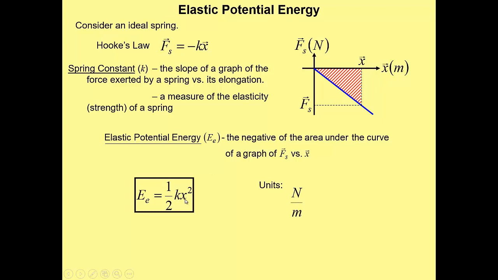x is the elongation or compression, so that would be in meters. And don't forget, it's squared. So the meter on the bottom cancels out with one of the meters on top, and we are left with newton meters of energy. But you may be saying to yourself, I have never heard of a newton meter of energy. That's because scientists decided it was such an important little combination that they gave it its very own name.